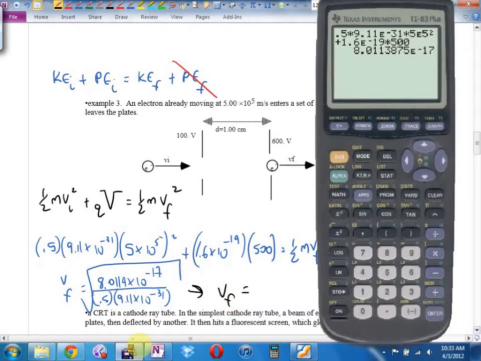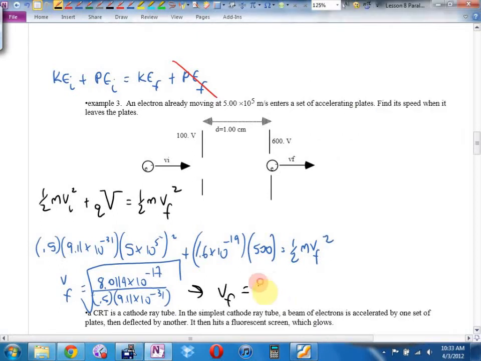So this number times by 2 divided by 9.11 times 10 to the negative 31, square root, and I get 1.33 times 10 to the 7th. Moving fast, but I'm not going faster than light, so this is still legal.